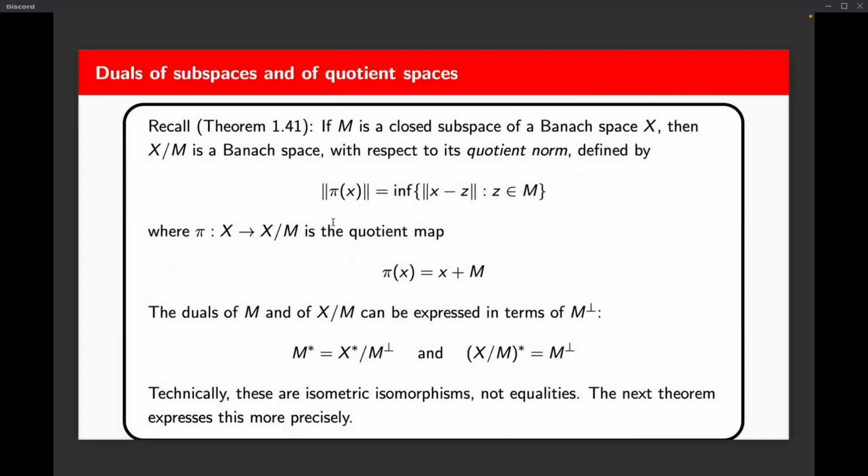That's an element of X mod M. We define a norm on the quotient space by taking the original x, forming the difference with all elements of M, looking at their norms, and then taking the inf. This turns out to be well defined and gives you something which is indeed a norm. That was theorem 1.41.